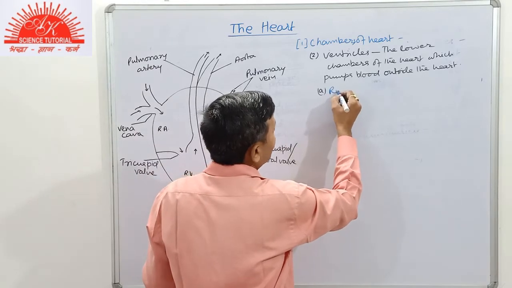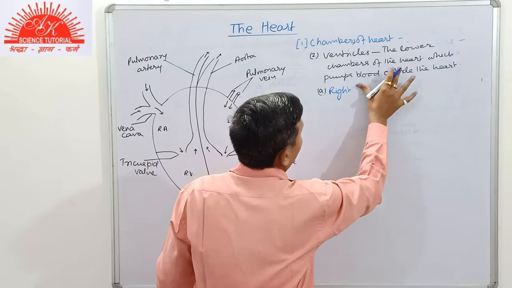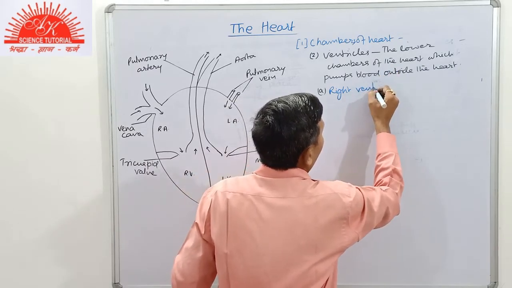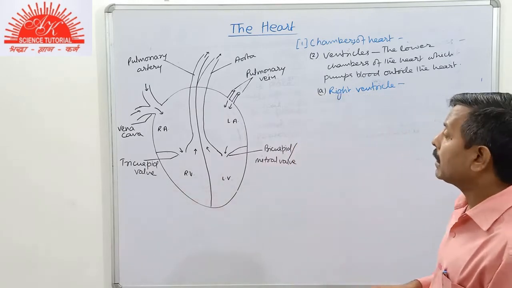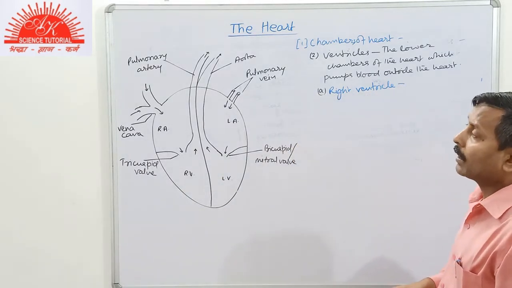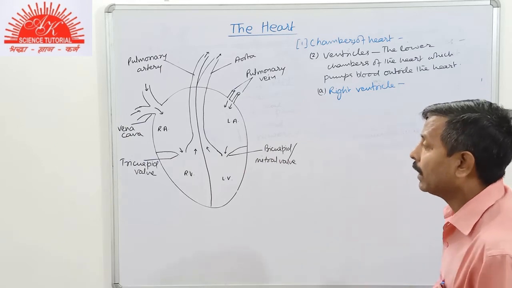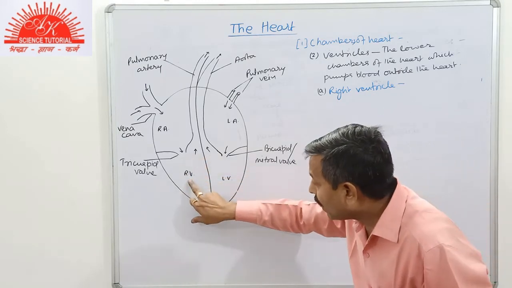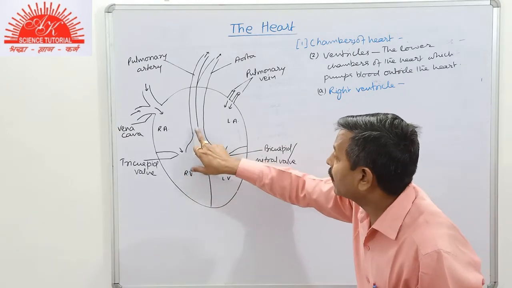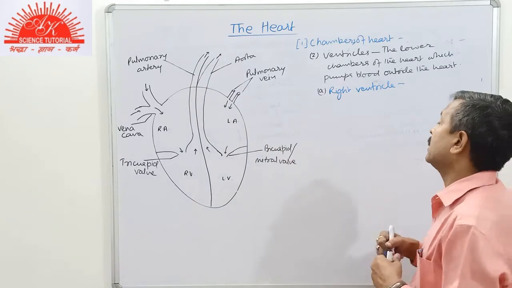In this part, first of all, it is the right ventricle. We have seen here that the right auricle, after collecting deoxygenated blood from different parts of the body, pumps it to the right ventricle, and when it contracts, the blood is sent through the pulmonary artery to the lungs for oxygenation.